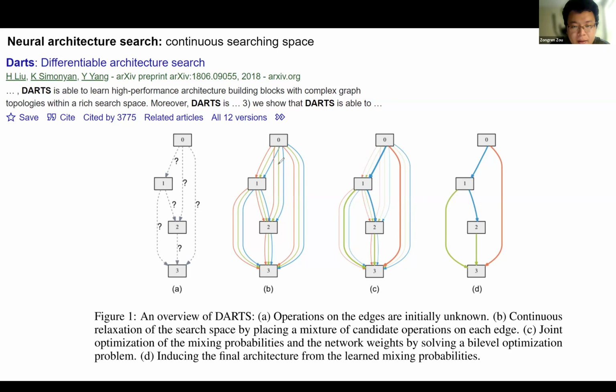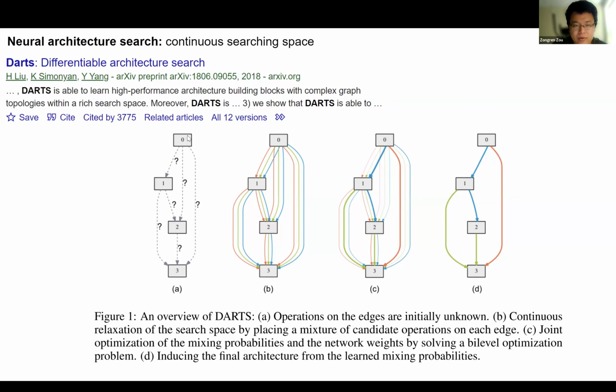So here, this is a figure from the DARTS paper. Let's consider this as a neural network. This 0 is the input, and 3 is the output. So of course it's not the regular sequential neural network model.